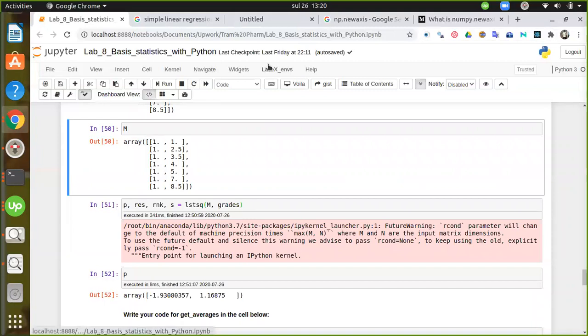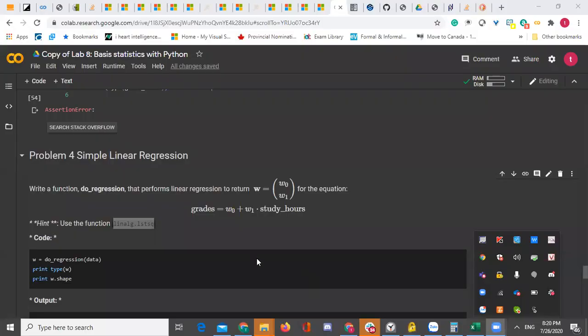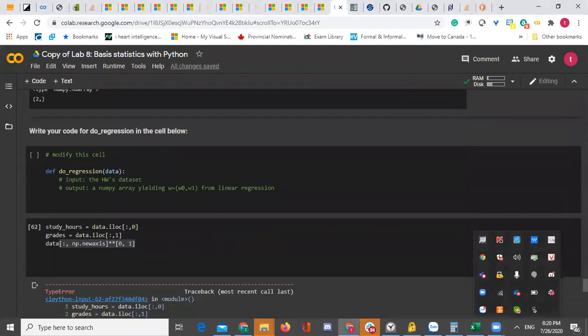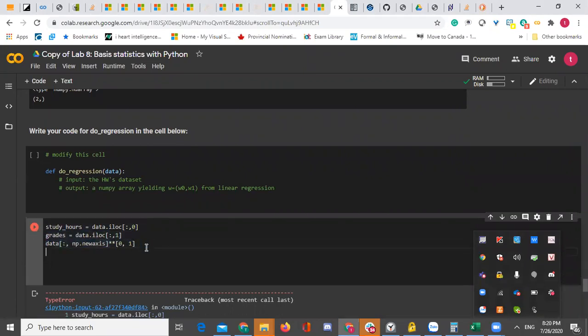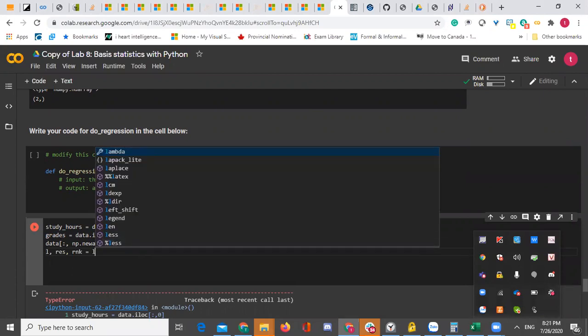So let me try to reproduce the code again. Okay, so basically we have L res rank, right, equal this library.